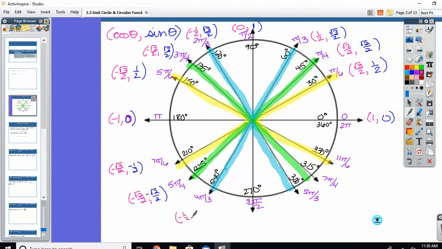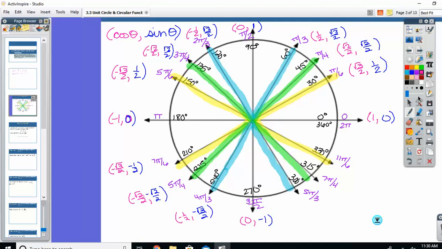Negative 1/2, negative radical 3 over 2. What about right here? 0, negative 1. Your x didn't move left or right at all, and your y went down.